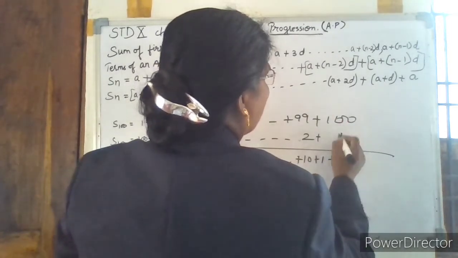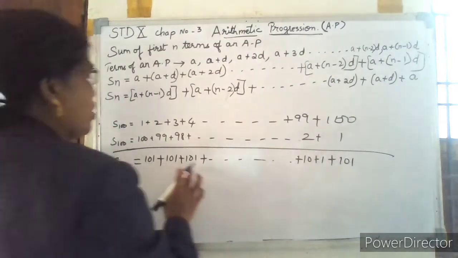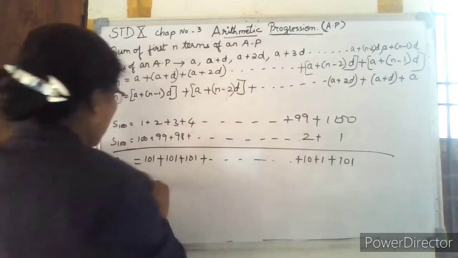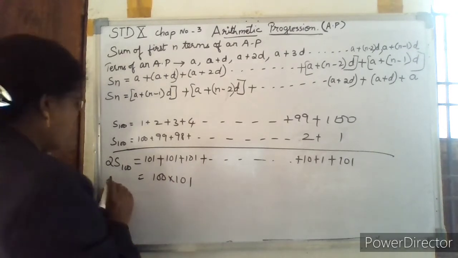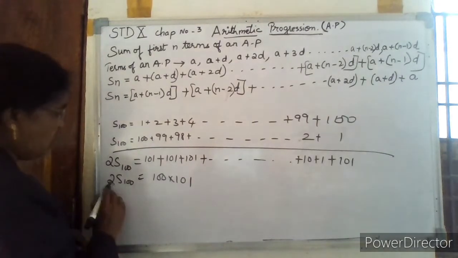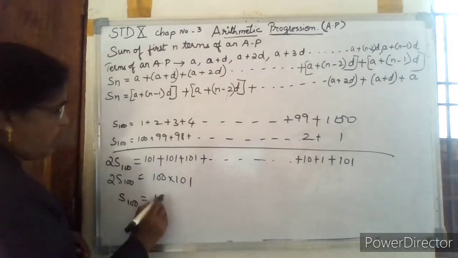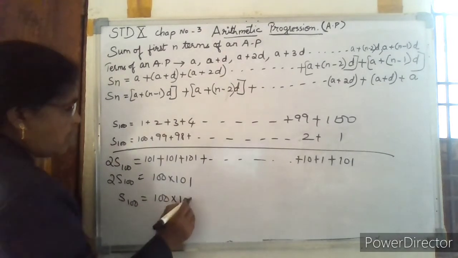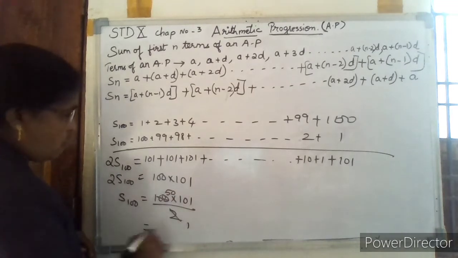So I get 101, 100 times. So this is equal to 100 into 101, which is 2 into the sum of 100 terms. So these two I bring down here: sum of 100 terms is equal to 100 into 101 upon 2. 2 ones are 2, 50s are 50. So I get 50 into 101, which gives the sum of 100 terms.